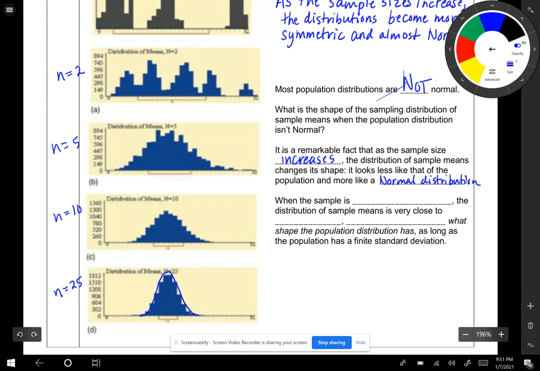When the sample is large enough, the distribution of sample means is very close to normal. So the thing to ask is, what is considered a large enough sample? No matter what the shape of the population distribution has, as long as the population has a finite standard deviation.